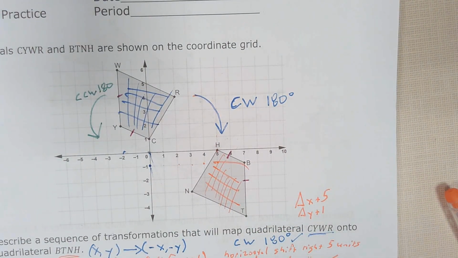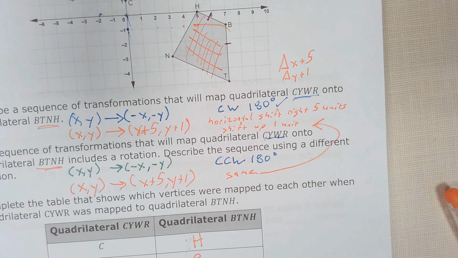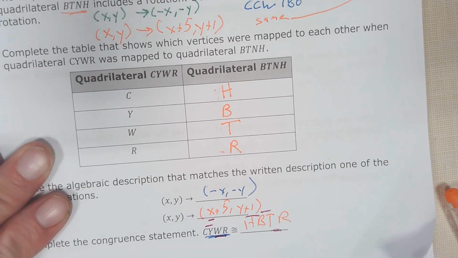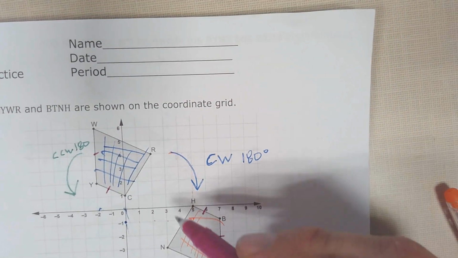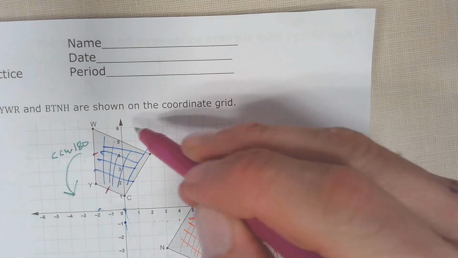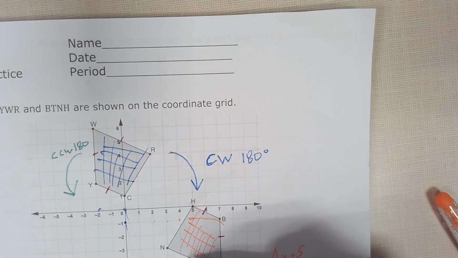And then you'd say WR is congruent to TR.